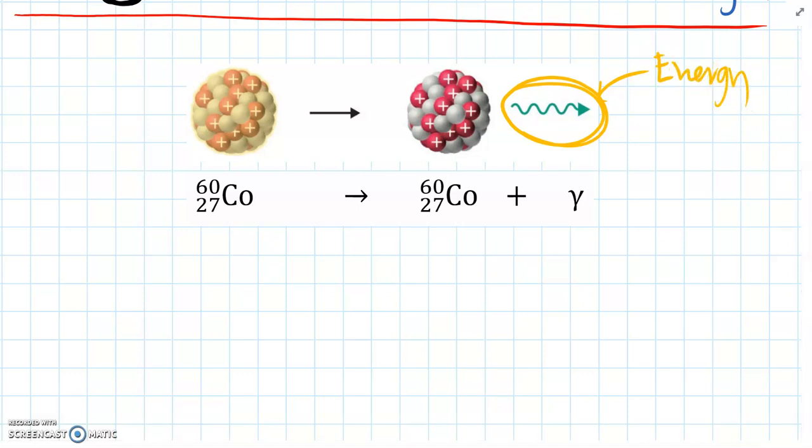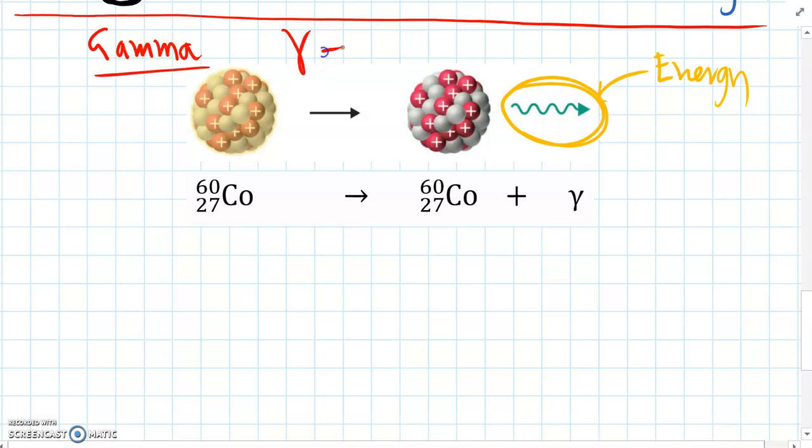And this is called gamma radiation. Sometimes it's called gamma waves or gamma rays as well. So we'll still call it gamma decay, but the type of energy that we're making is a gamma ray.